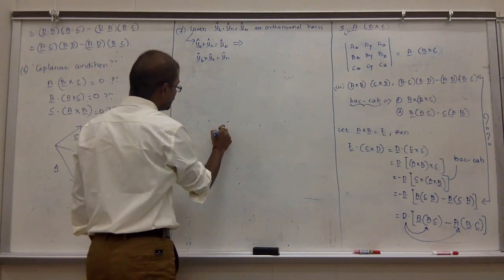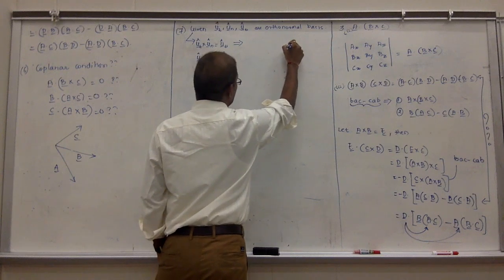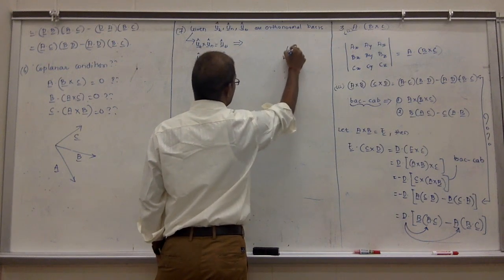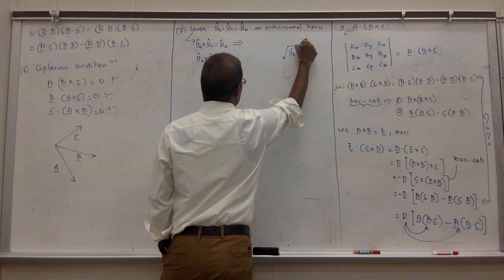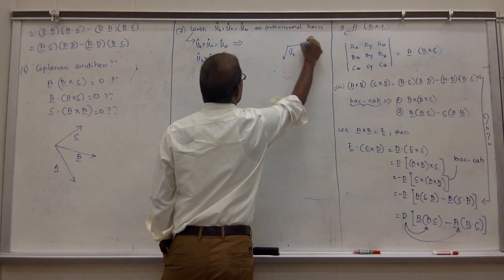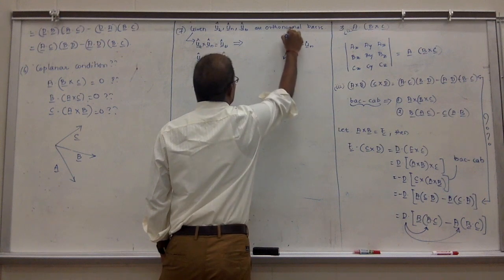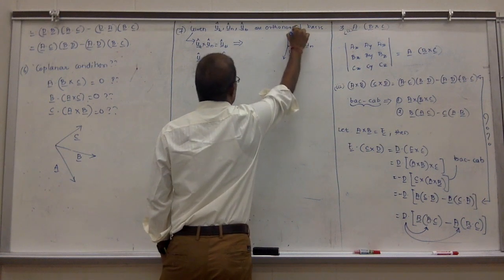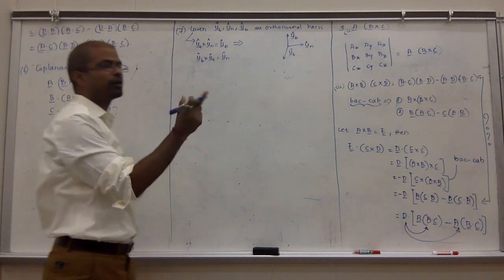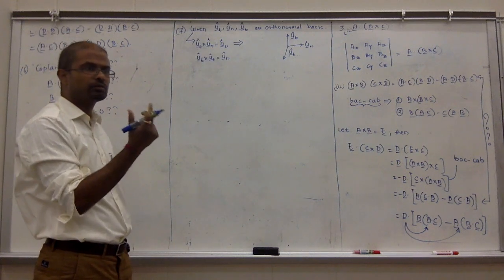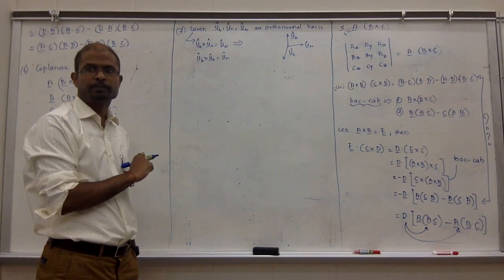If your UT is this, UN is this, UB is this, this has to be maintained, X, Y, Z. Here again you have to make sure you understand that.